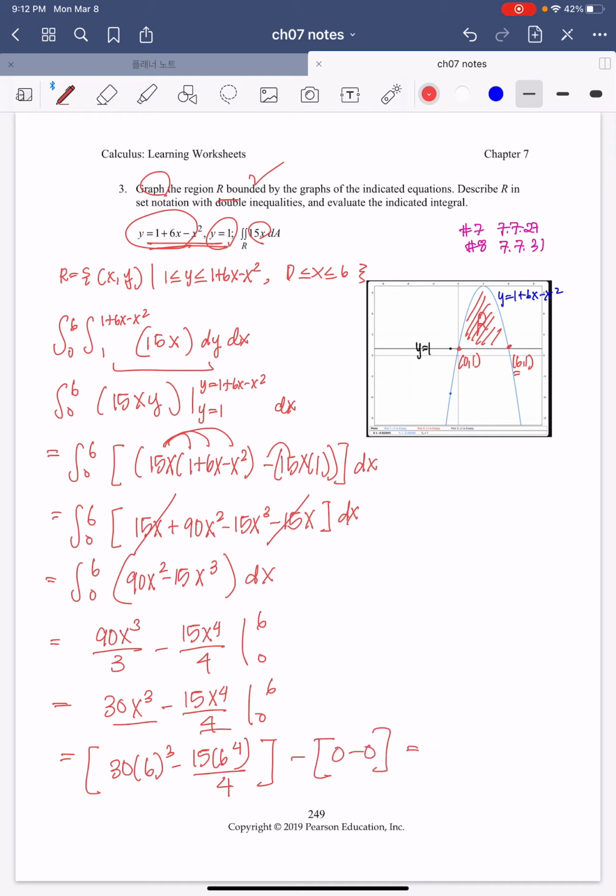So that's pretty easy. For the first number, 6 cubed times 30, I have 6,480, minus 6 raised to the 4th power times 15 divided by 4, I get 4,860. So my final answer ends up being 1620. So the area is 1620 units squared.